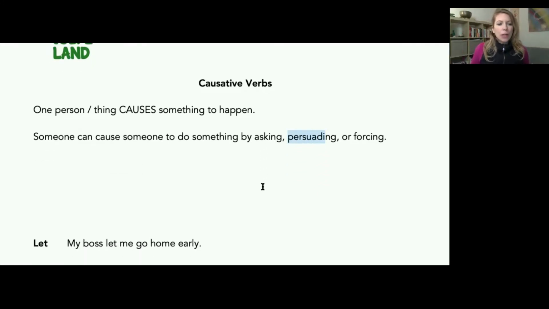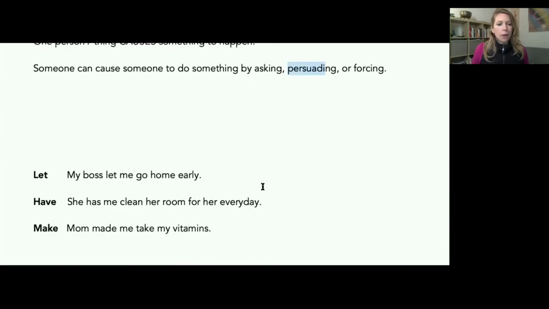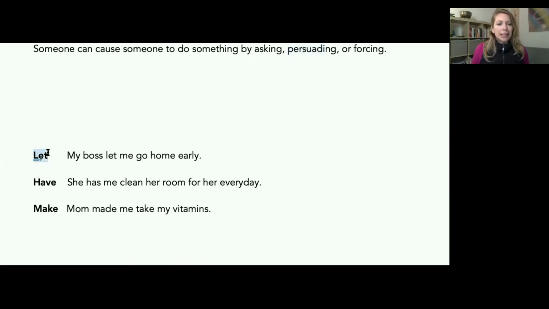The first three causative verbs that we'll go over are let, have, and make. So let's take a look at let. My boss let me go home early. Now, compared to make, that's pretty passive.